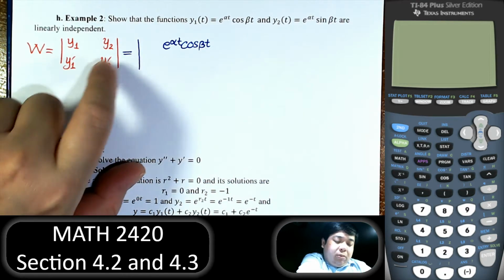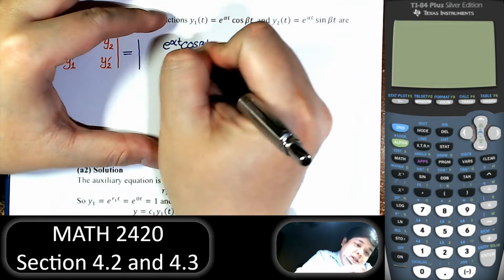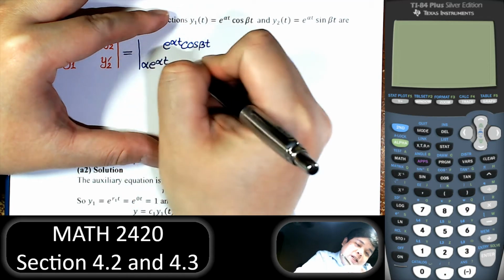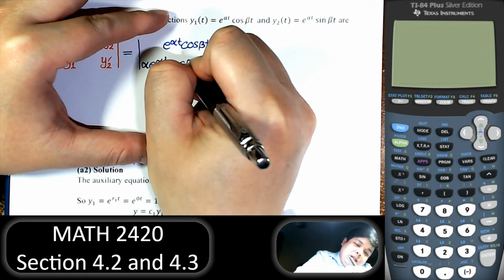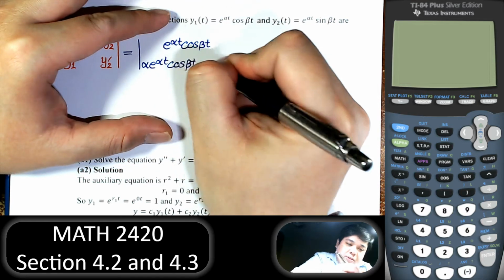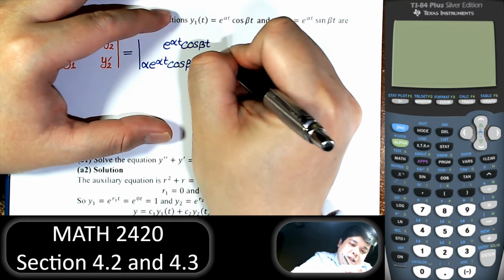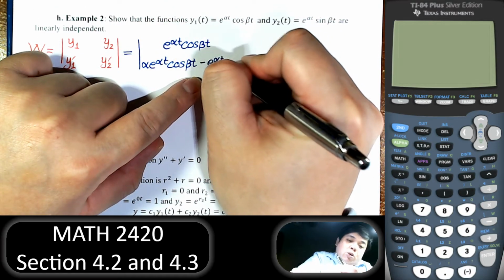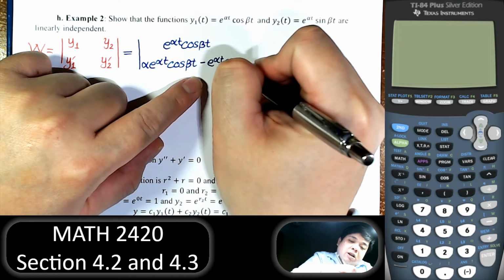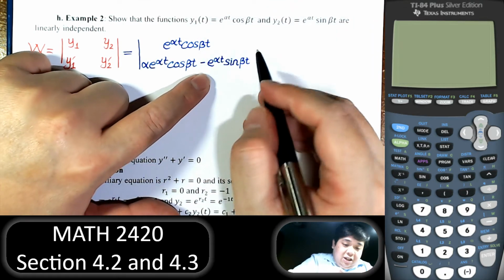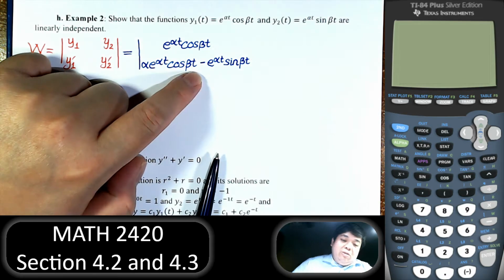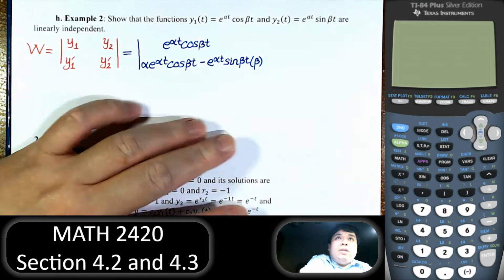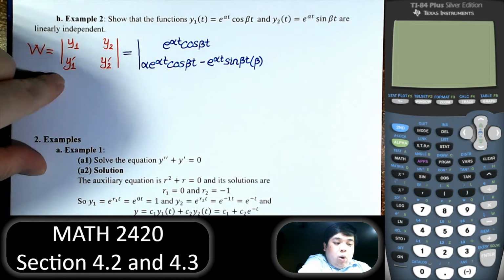We have y1 prime, which will be a product rule. So it gives us alpha e to the alpha t cosine beta t, subtract e to the alpha t sine beta t. The reason this is negative is because that is the derivative of cosine, which is negative sine beta t. And don't forget, the chain rule says we have to take the derivative of beta t, which is a beta. So that is y1 and y1 prime.